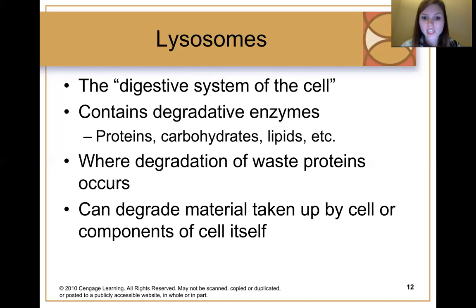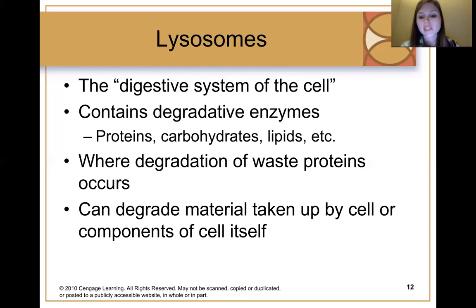The lysosomes are going to take care of that. That's where the degradation of waste proteins occurs. Remember I said you can't go back from protein to RNA. So when a protein is no longer needed, or if it's old, or if it was made incorrectly and it's not functioning properly, the lysosomes will degrade that protein.